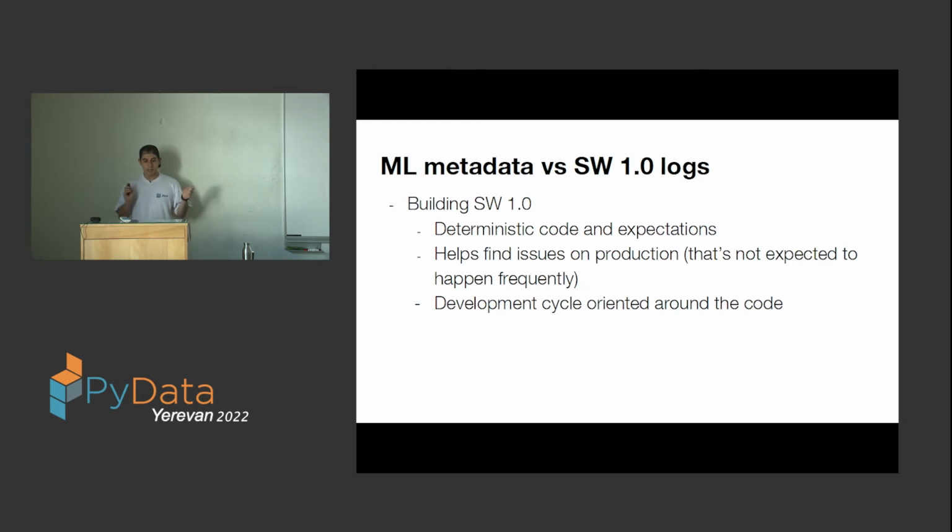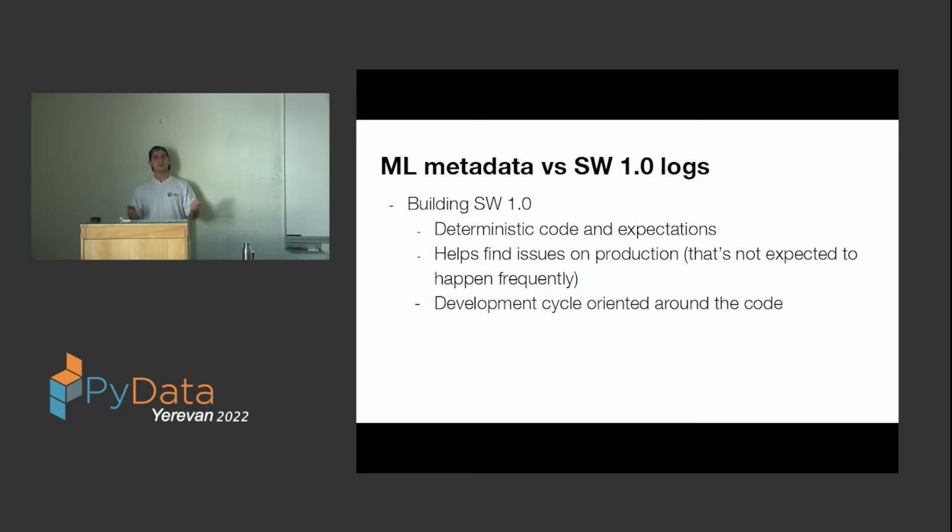People try to log everything possible about software 1.0 when it hits production, so that whenever it doesn't work, they can go back, understand why, fix it, and keep expecting that it will work. That's one of the main functions of tracking for software 1.0 in production.